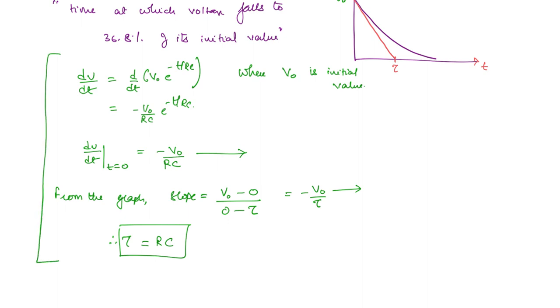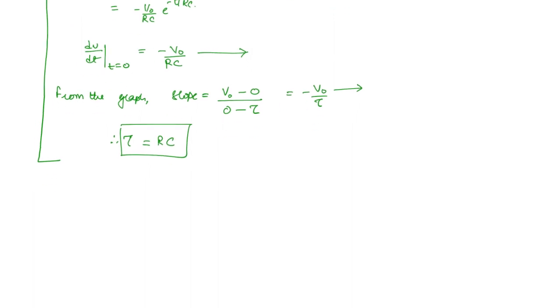Now what about the actual definition? The time at which voltage falls to 36.8% of its initial value. So you can write V of t at t equal to tau. When t is equal to tau, you are going to get V naught e to the power minus tau by RC.